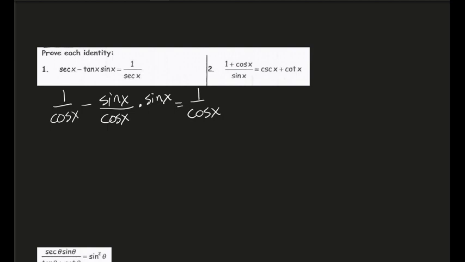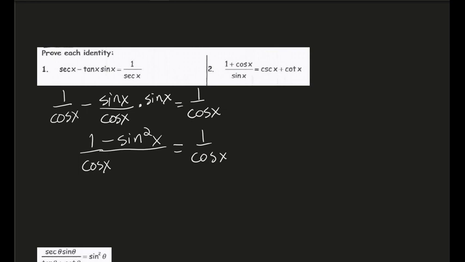Now, what we can do here is combine terms on our left side. So we have 1 divided by cosine of x, minus sine squared x divided by cosine of x, because our sine of x is multiplied here. We have a common denominator, so we can combine them.